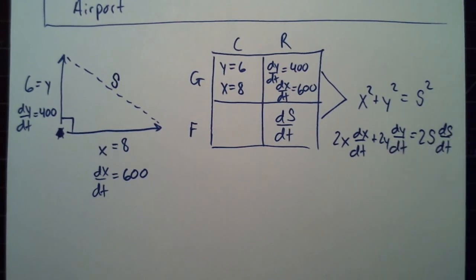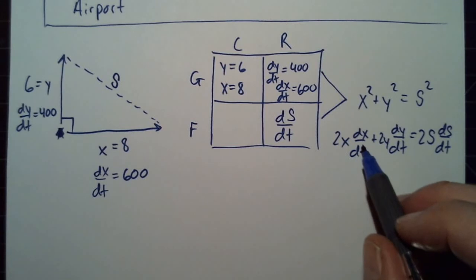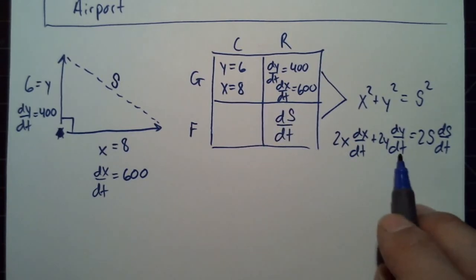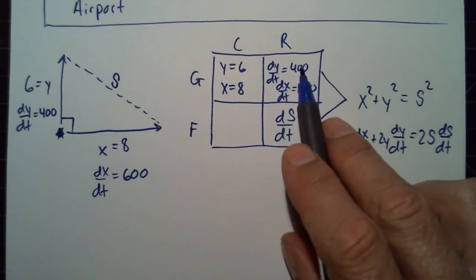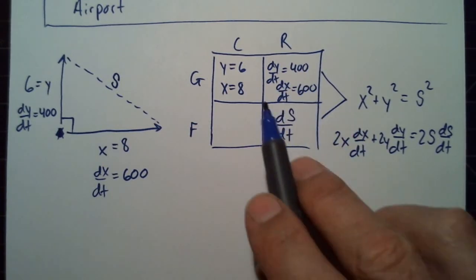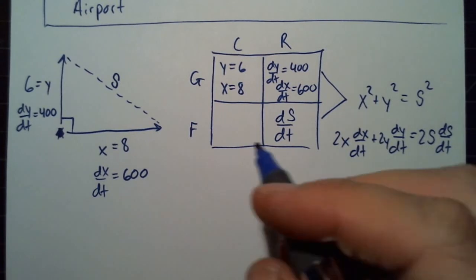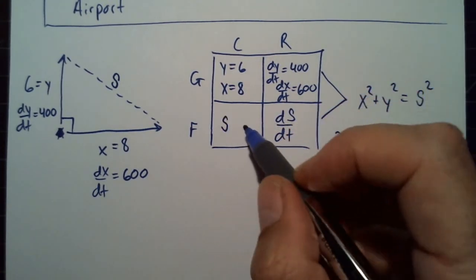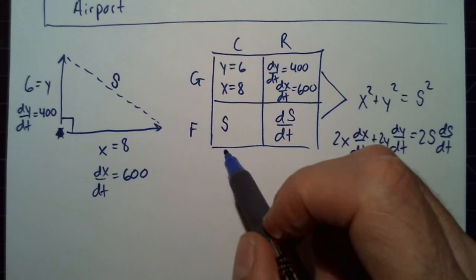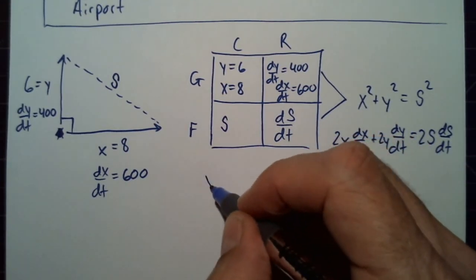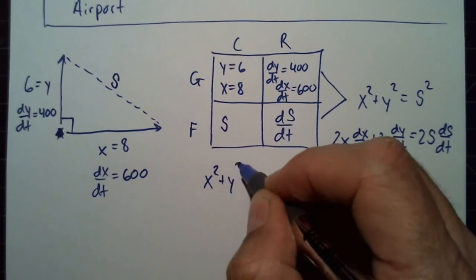And we'll substitute, we need to find ds/dt, so we'll substitute for x. We have an x, we have a dx/dt. dy/dt, we have a number for that. y, we have a number for that. s, we don't have a number for s, so that could be a constant that we're supposed to find before we can continue, so we can do that with the Pythagorean theorem.